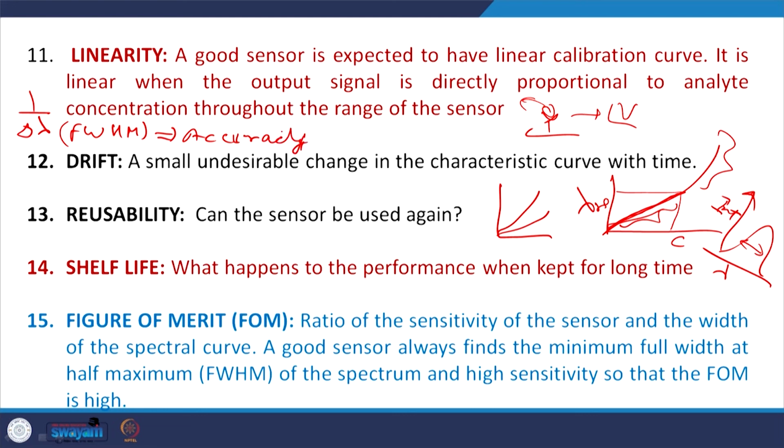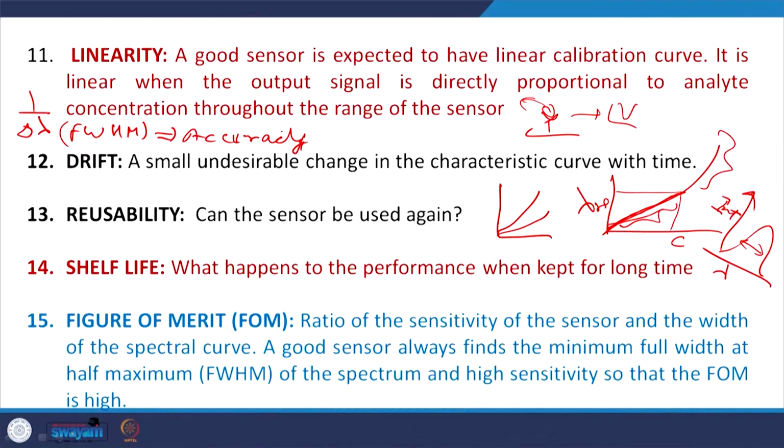What it means? It means that the sensor will be accurate when you have very fine peaks. So, the figure of merit means that a sensor is good when the full width at half maximum is small and the sensitivity is large. That is how you define it.